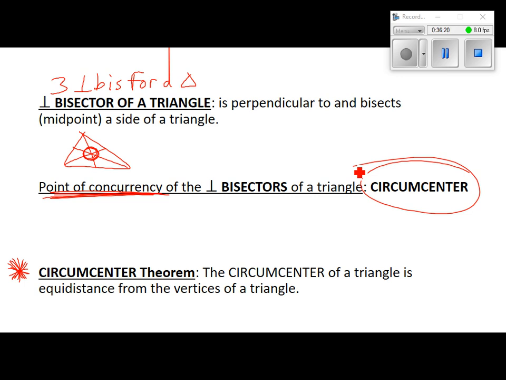That circumcenter, that exact point, going down to this theorem, is the same distance from this corner as it is from this corner as it is from this corner. Wherever that circumcenter is located, whatever the triangle is, it's the same distance from here as it is to there, as it is to there. Every single time. Every triangle in the world, that's the way it works. All right? And we're going to draw pictures of it. That's what those 3 triangles are for there.